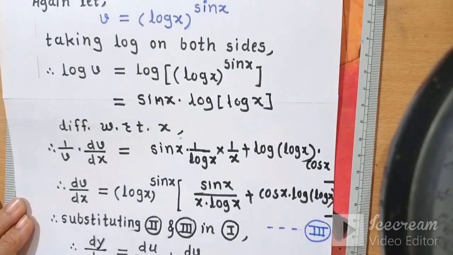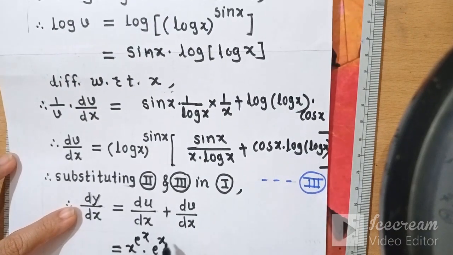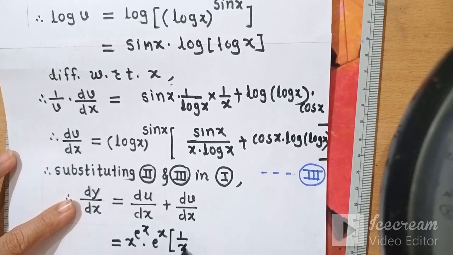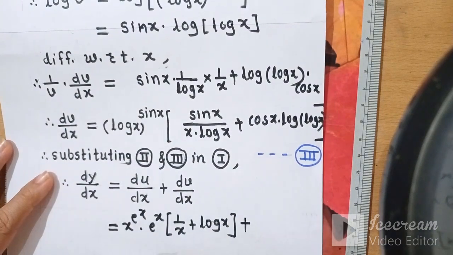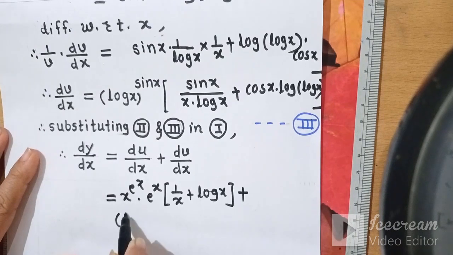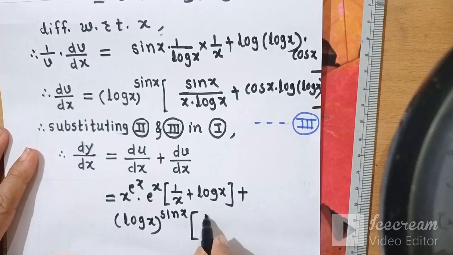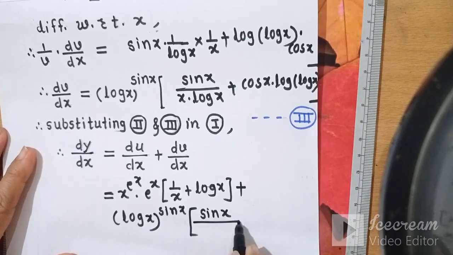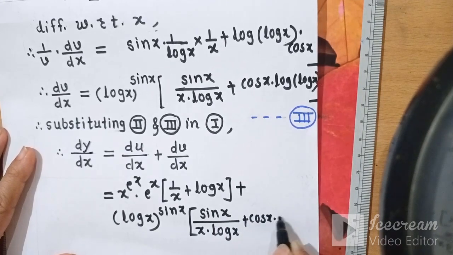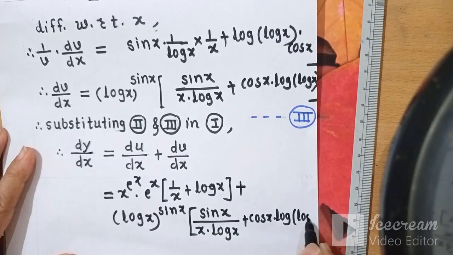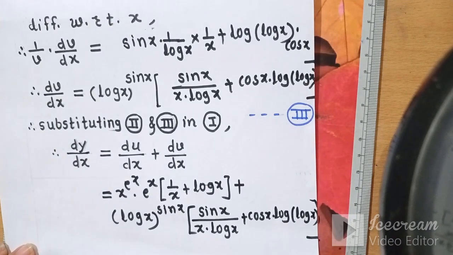Now du by dx is x raised to e raised to x into 1 upon x plus log of x, and add up this second one also, which is log of x raised to sin of x, box bracket, sin x upon x log of x plus cos of x into log of x. This is the derivative of the given function.